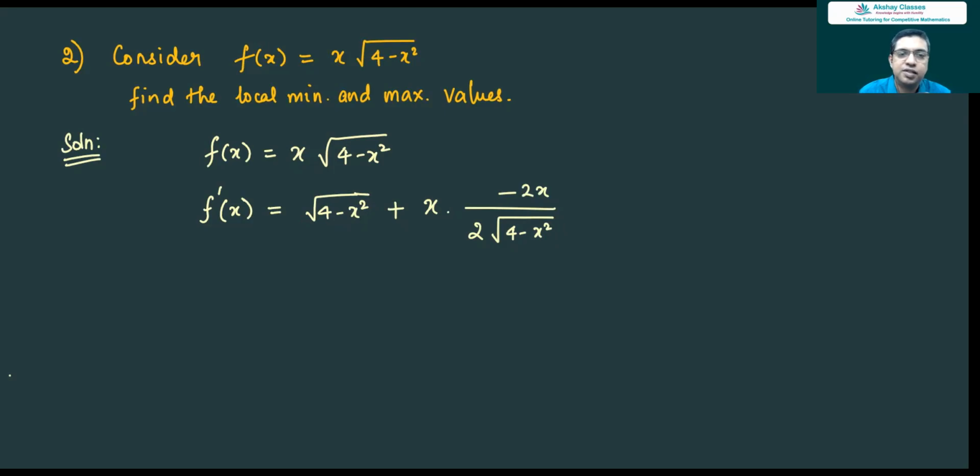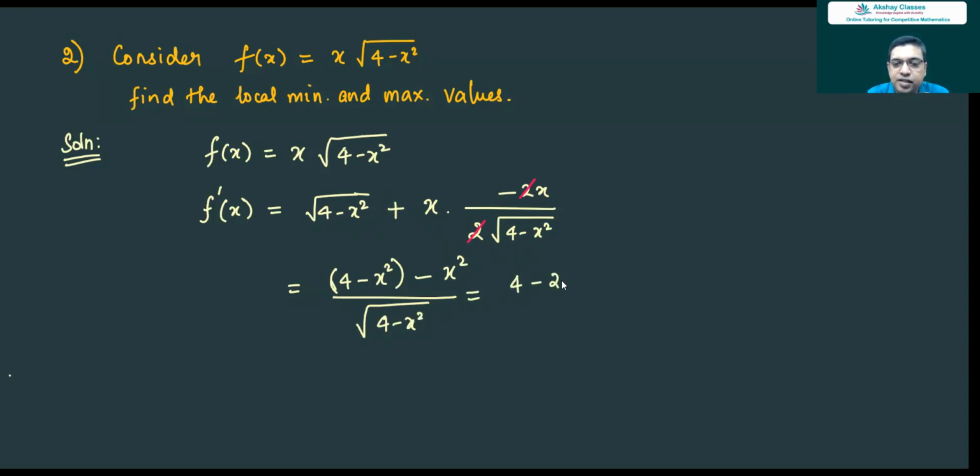Okay, what happens? 2 cancel. Then we bring it to the common denominator, under root of 4 minus x squared multiplied by itself will give 4 minus x squared, and this is x into minus x, which is minus x squared, by under root of 4 minus x squared. We get 4 minus 2x squared by under root of 4 minus x squared. This is the derivative.